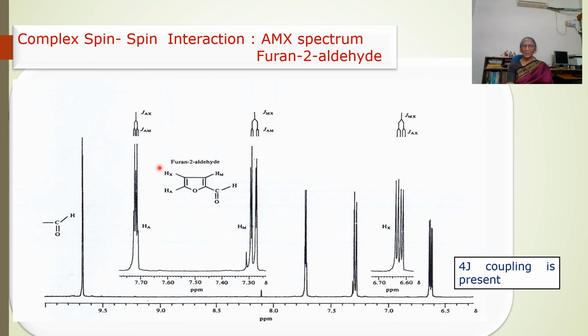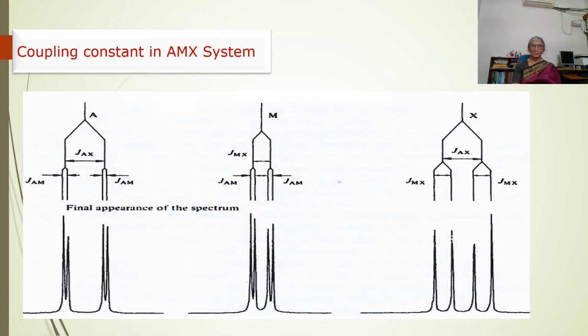Proton X has two neighbors. It couples with proton A as well as proton M. So the three signals given by protons A, X and M are double doublets. These are the three double doublets given by protons A, M and X. Proton A shows two splittings.